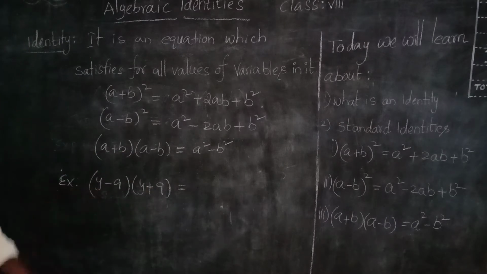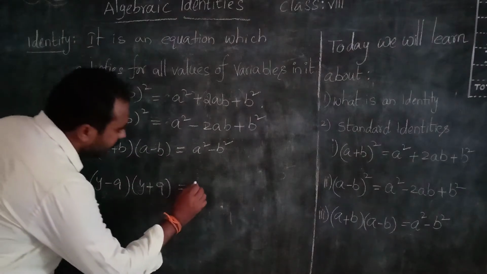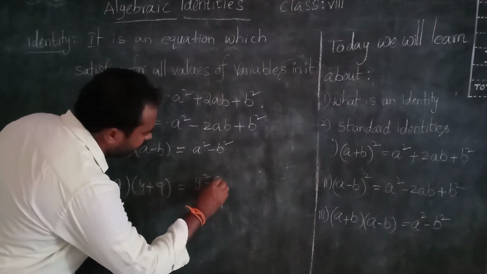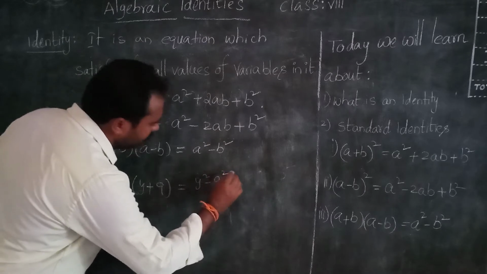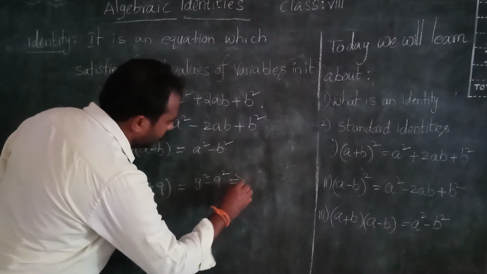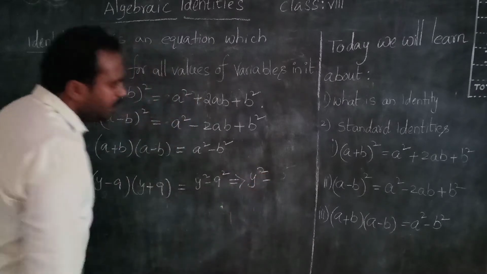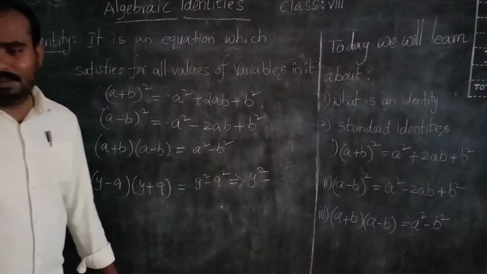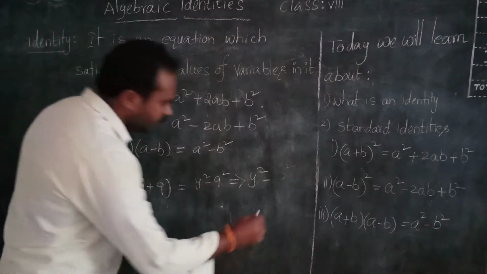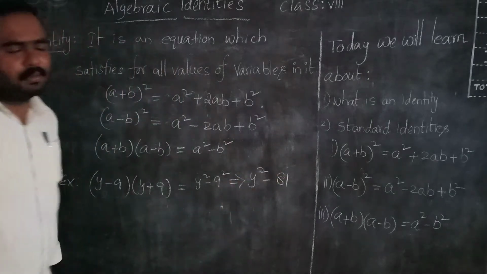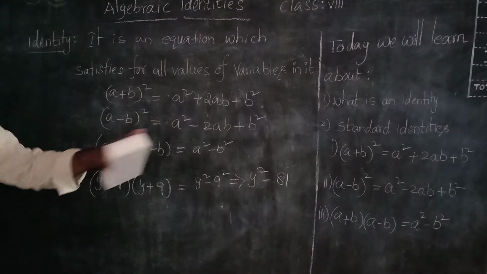Here a value is y, b value is 9. So a square means y square minus b square, 9 square. That is equal to y square minus 9 square value, 81. 9 square value 81.